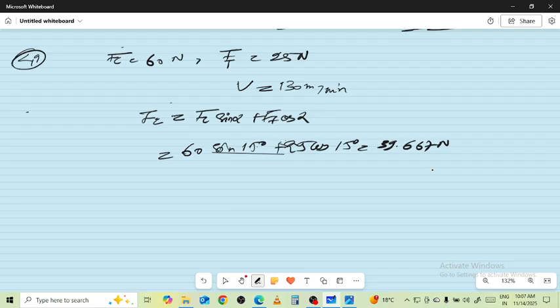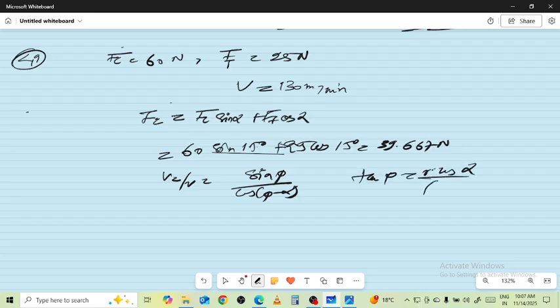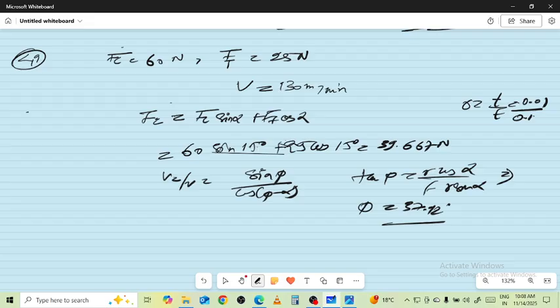Now VC by V is equal to sin phi over cos of phi minus alpha. तो phi कैलकुलेट करने के लिए tan phi equals r cos alpha upon 1 minus r sin alpha. तो यहाँ से हमारे पास वैल्यू आ जाएगी phi की 37.9, r is equal to t uncut upon tc, 0.01 upon 0.015, that is 0.667.